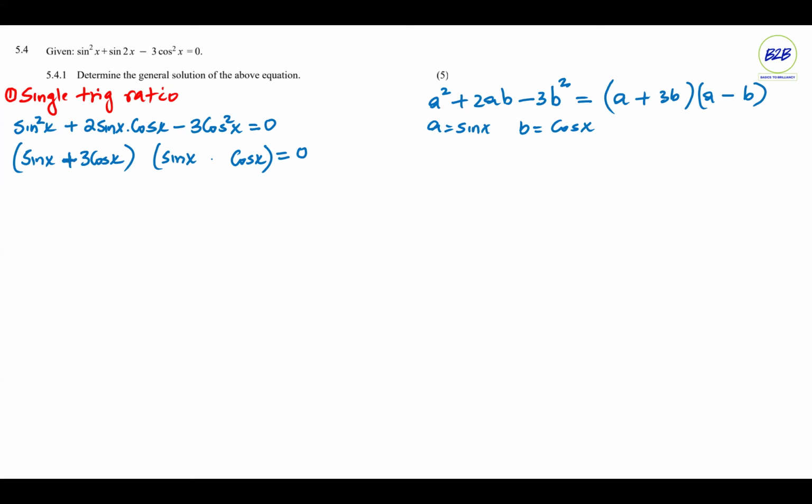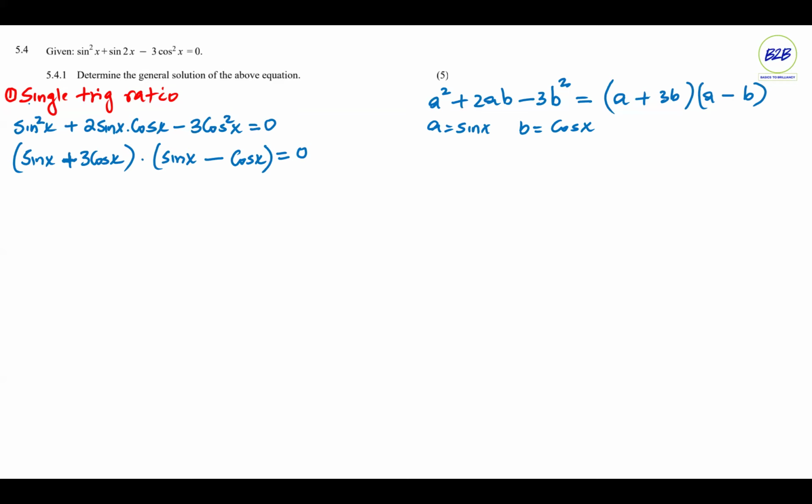And therefore the other by default becomes negative. And that, folks, is how you factorize that. It's algebra. So if you're struggling a bit here, your issue is not necessarily trigonometry, but algebra.